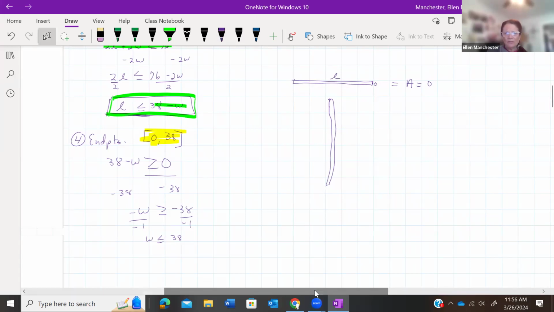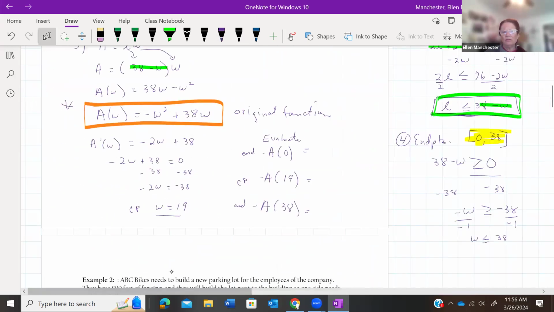So that's what these two are always going to show you. When I have 0 width, I have 0 area. When I have extended my width out to the highest value that it can be, now my length is closed down. So I end up with 0.